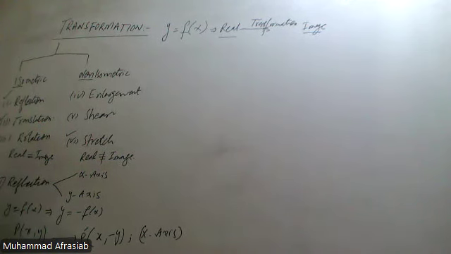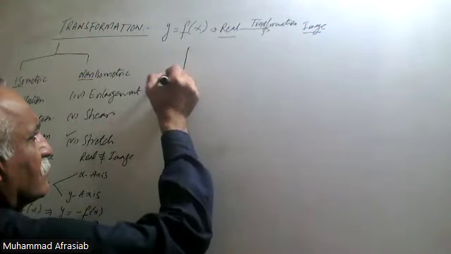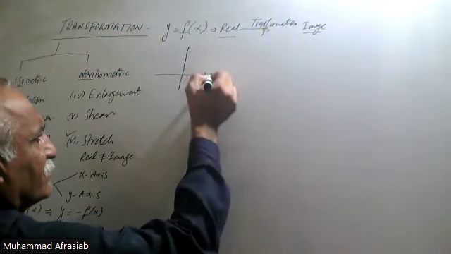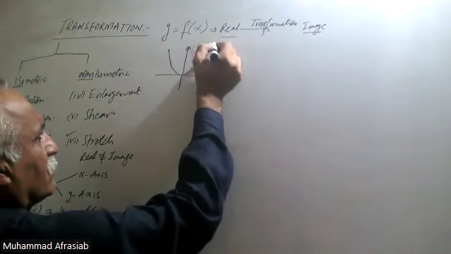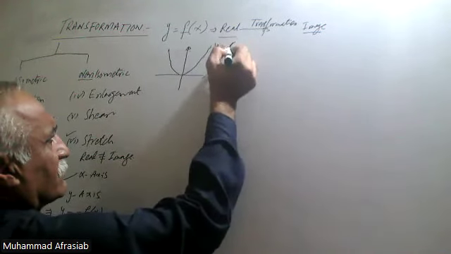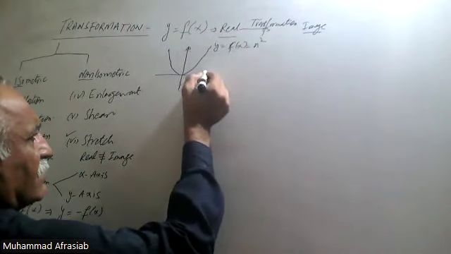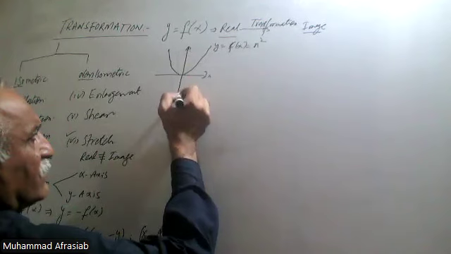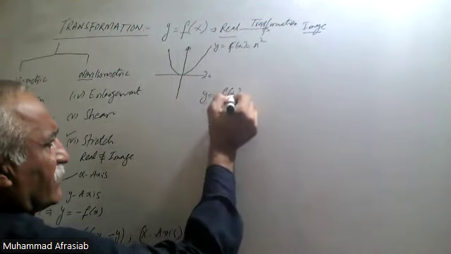For this, we can give an example: if y is equal to x square is the original figure, and now we want to draw the graph of y equal to minus f of x.